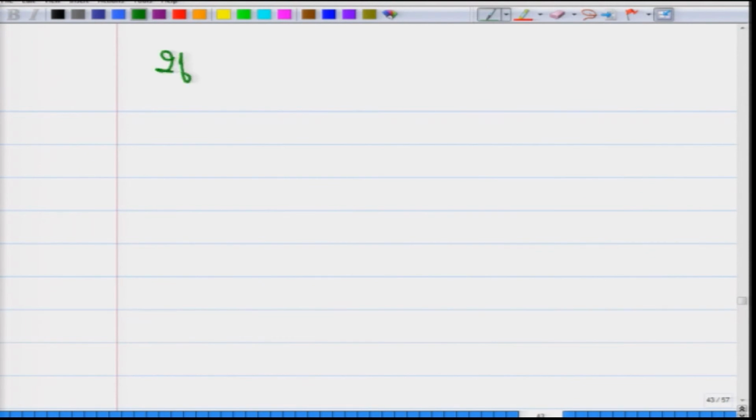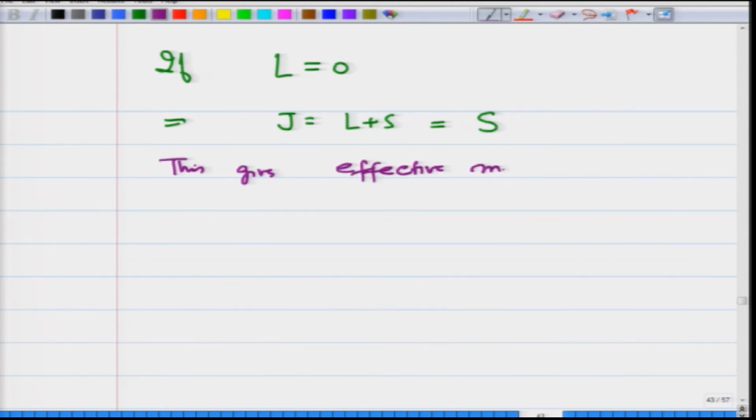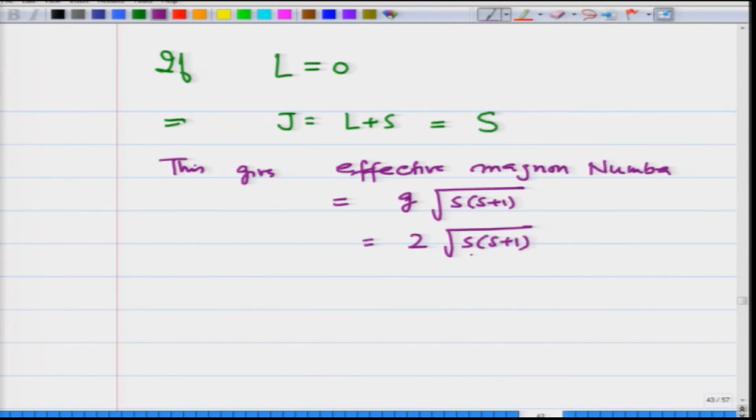If L is 0, this means J, which is L plus S, is going to be equal to S alone, and this gives the effective magneton number as equal to g square root of S times S plus 1, which will be nothing but 2 square root of S times S plus 1. And in iron series, it is indeed seen to be this.